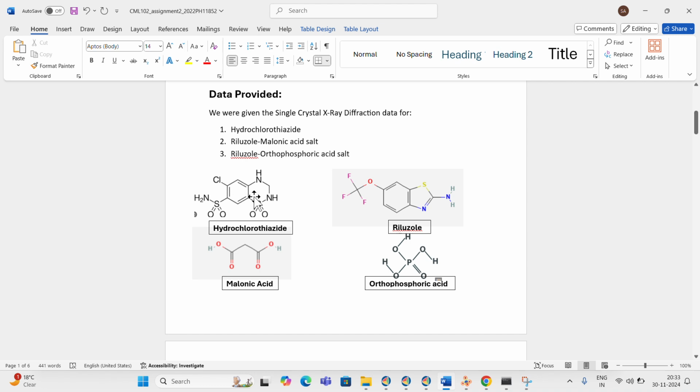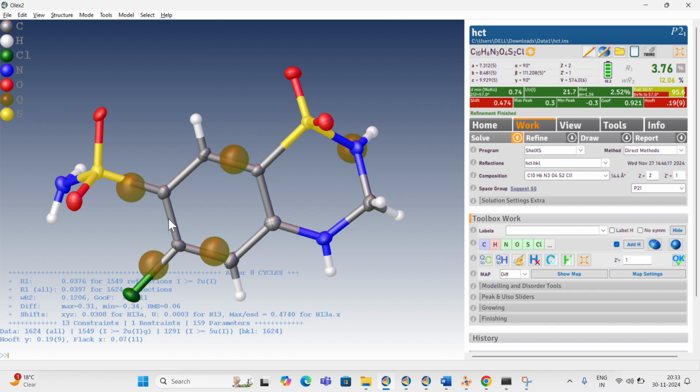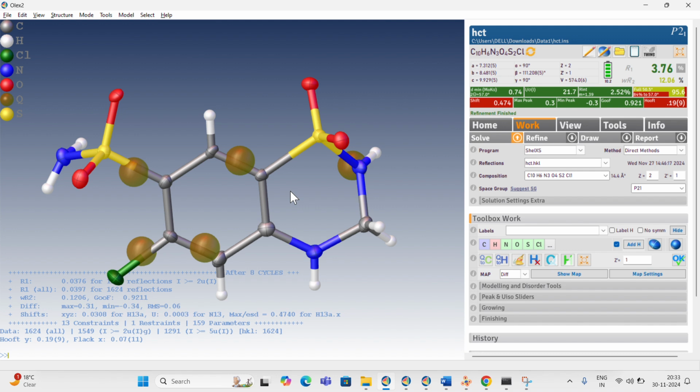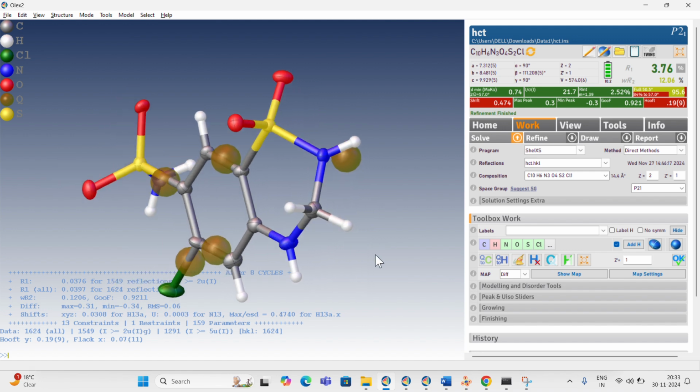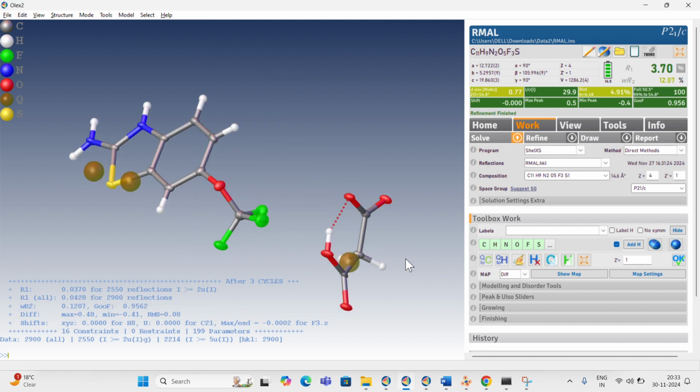Like a carbon ring present here, a chlorine and sulfur present, and we can see also that this is a carbon ring and a yellow sulfur present, and here a green chlorine present, and then we can form this structure. And this is for hydrochlorothiazide, this one is for riluzole, and this one is malonic acid.